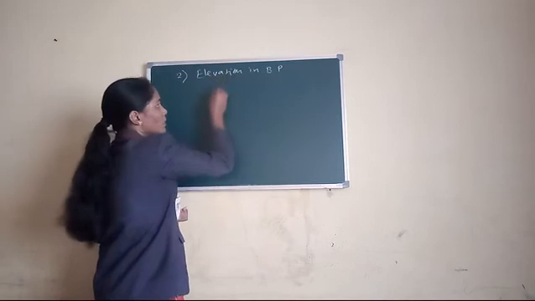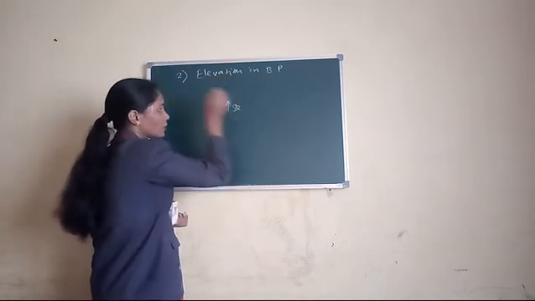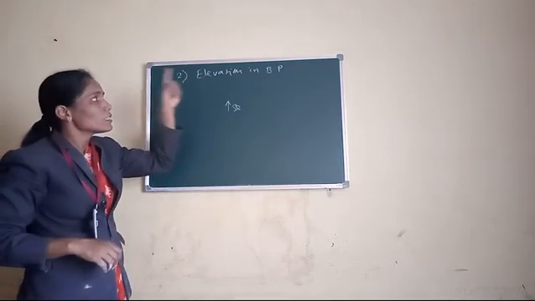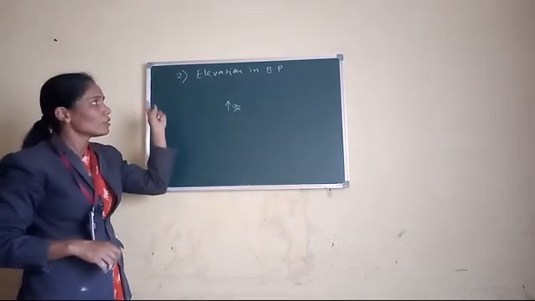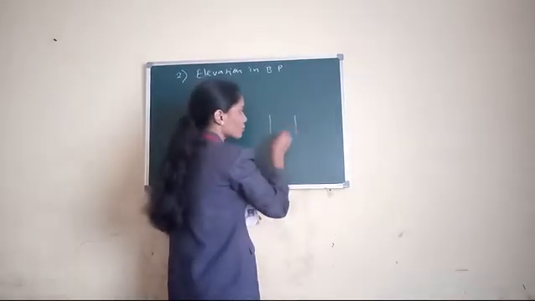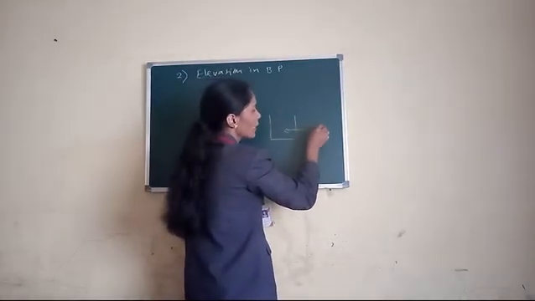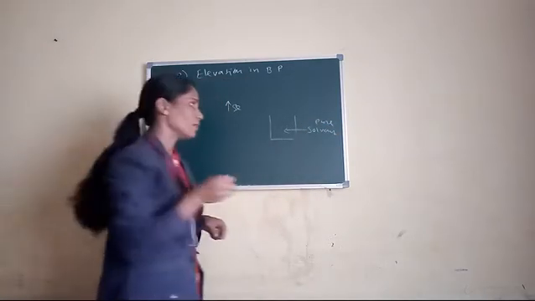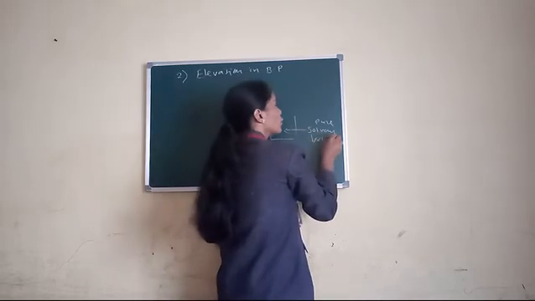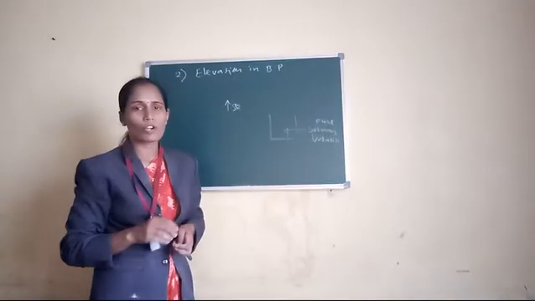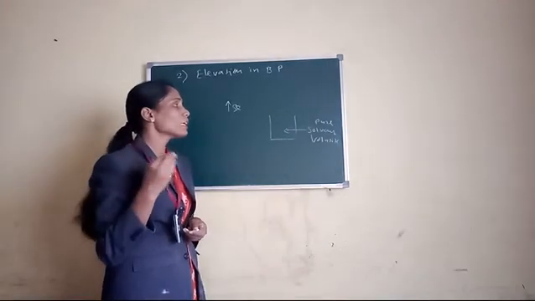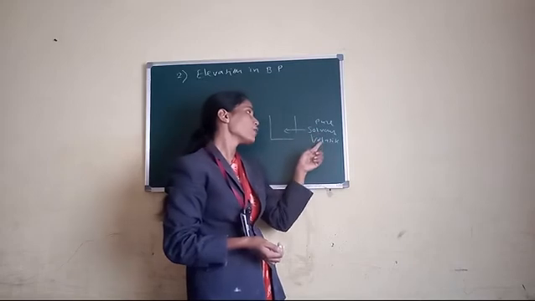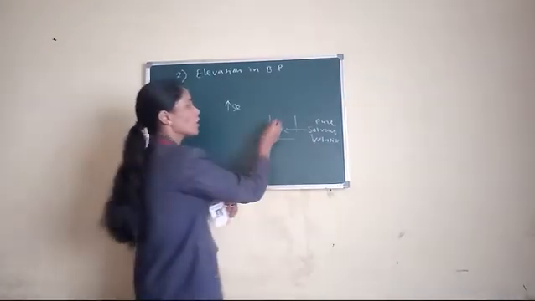The elevation means increase in boiling point. Same like vapor pressure, when a beaker contains pure solvent, pure solvent means volatile. Volatile means it gets easily evaporated at room temperature or at the given temperature. The pure solvent is volatile in nature.